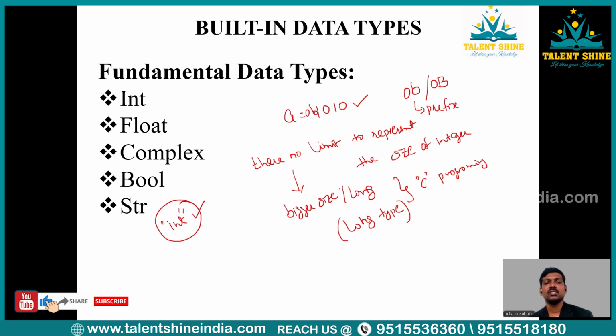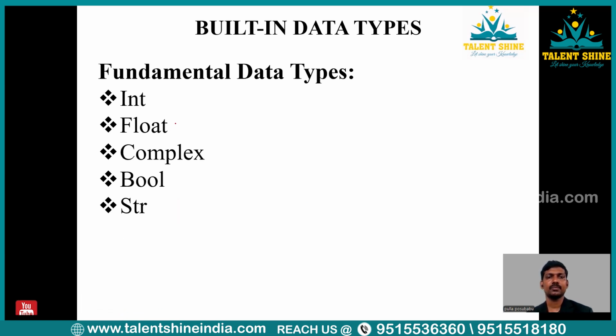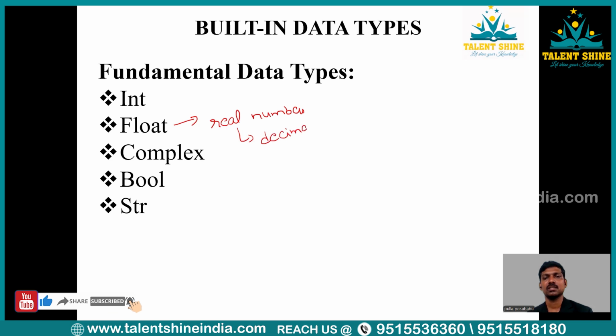If it is clear, let us move to the float data type. Let's discuss the float data type. Float data types are used to represent real numbers in Python. I hope everybody is familiar with real numbers, which means it deals with decimal points.